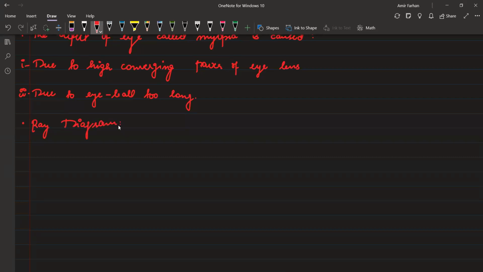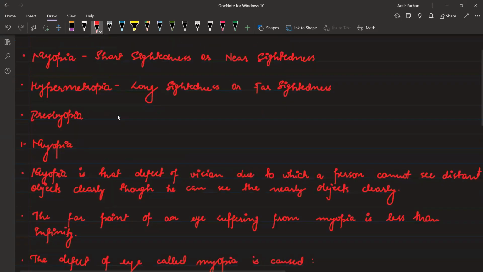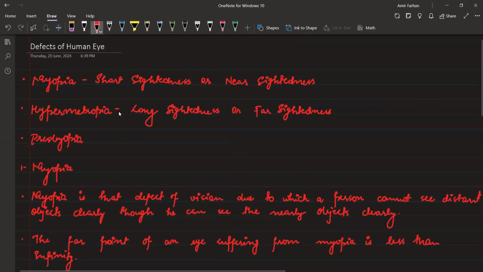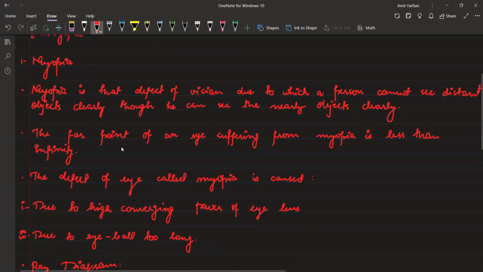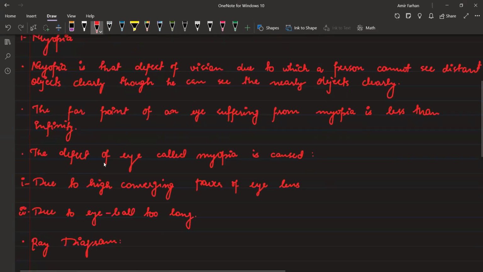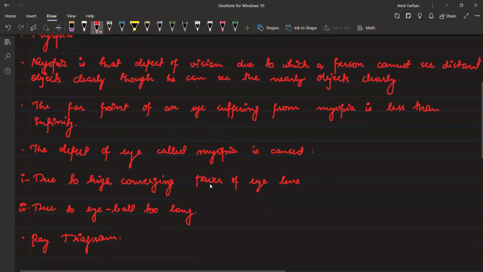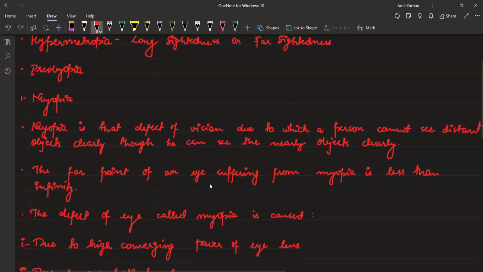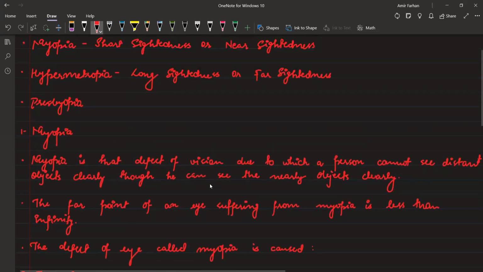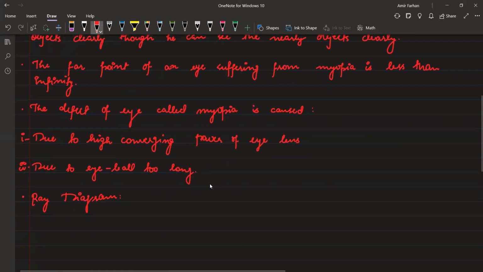What I've written on the screen, is this clear to all of you? Myopic eye, short-sightedness. This effect happens due to the high converging power of the lens or the elongation of the eyeball. Clear? Yes, sir. Okay. A person with this can see nearby objects but cannot see distant objects clearly.